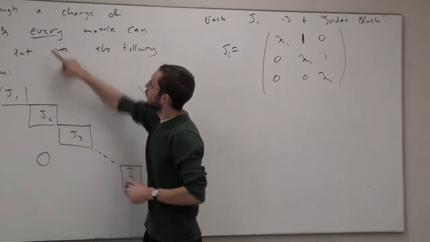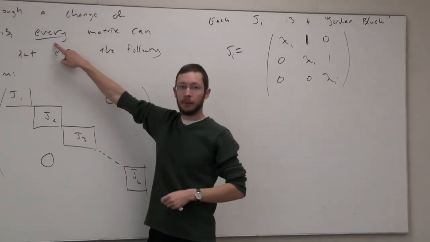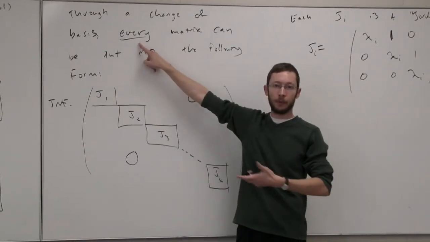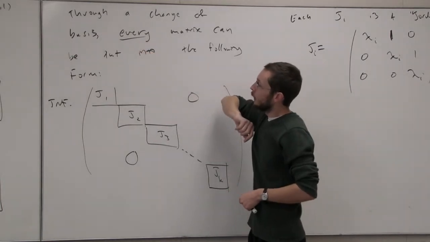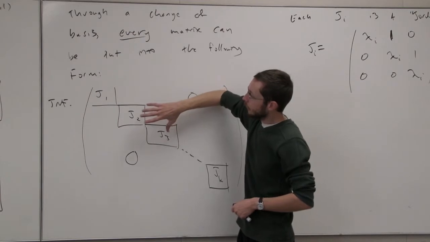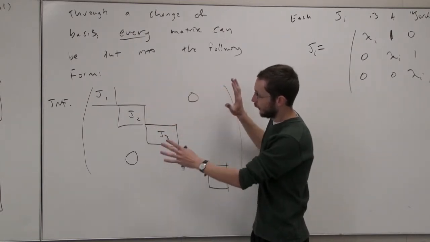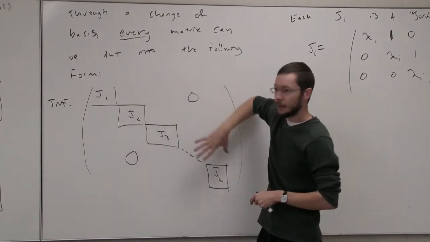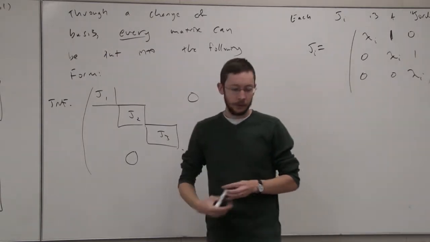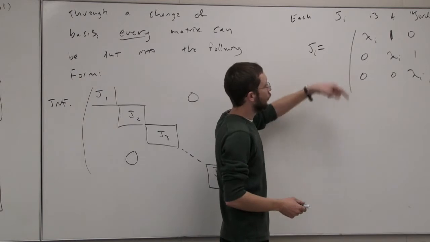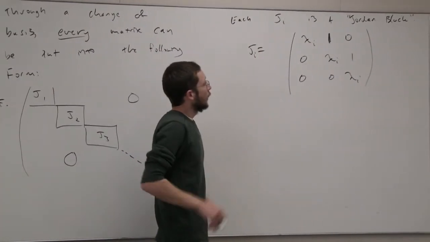And the beauty of this is that every single matrix can be put into this form. That's why it's called a normal form: any matrix can be put into a Jordan form. It basically boils down all these crazy numbers into an almost diagonal matrix. Okay? Let's take a look at the structure of Jordan blocks.